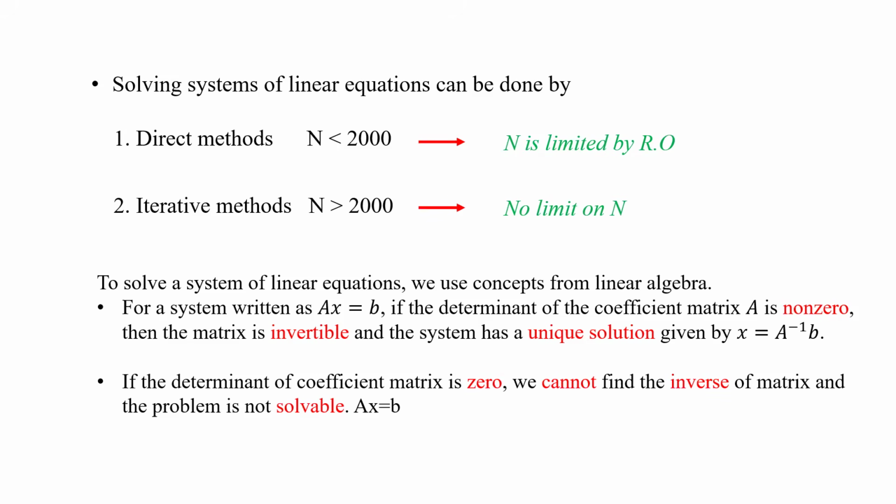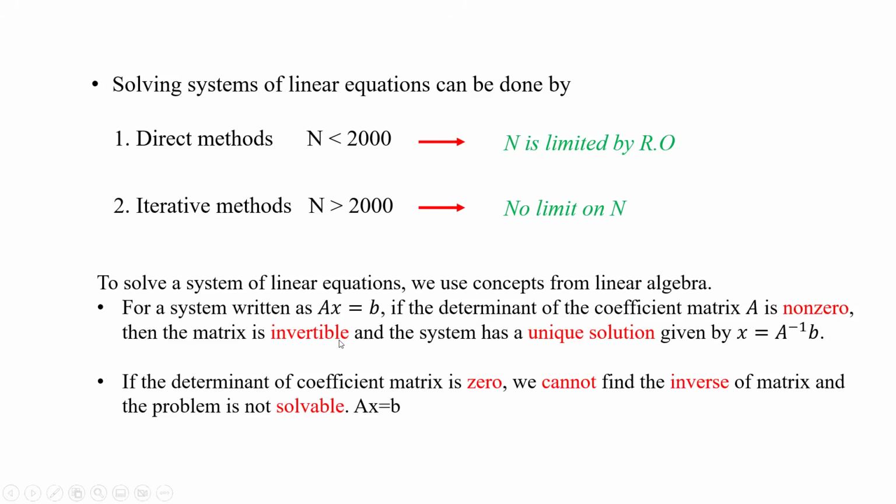The reason we cannot solve more than 2000 equations is related to the round-off error. Once the number of equations is larger than 2000, we have to switch to iterative methods. And we cover two iterative methods in this video, Gauss-Seidel and Jacobi methods.